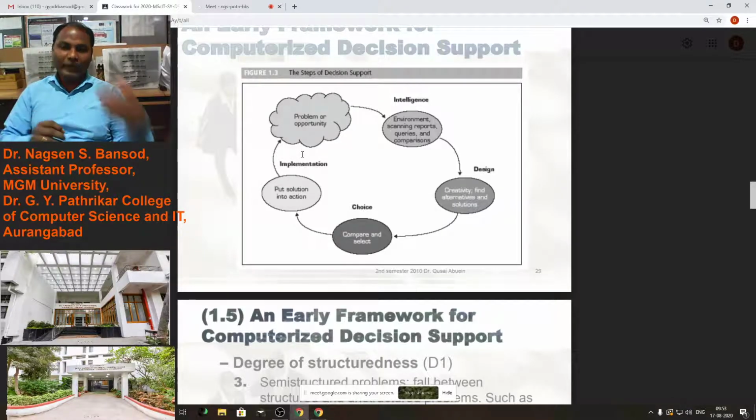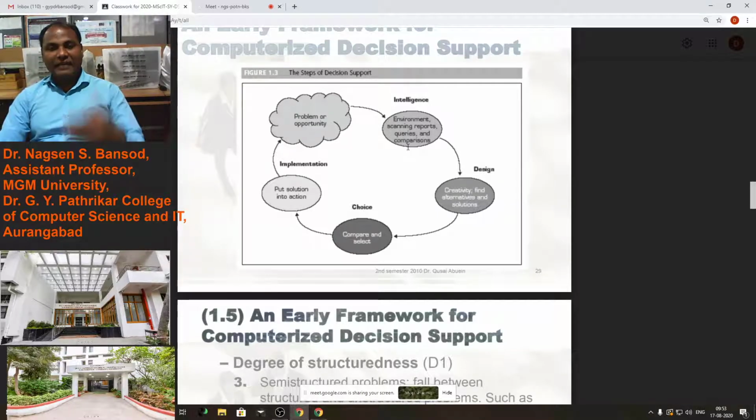Then you have to find out that problem, and these are the opportunities to convert your model again according to the environmental factors and customer queries, and then make the reports.